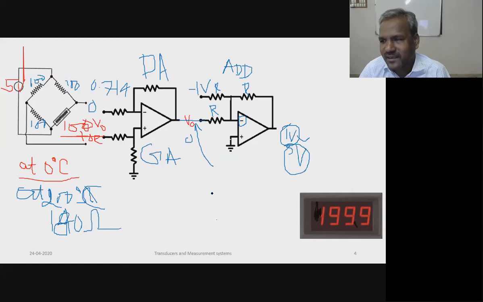Could you hear me? Please calculate how much voltage should be available at the differential amplifier output. Here we should get 5 volt. We have to subtract 1 volt from here. So at 200 degrees Celsius, this is minus, which means here also minus only comes because of the differential amplifier.